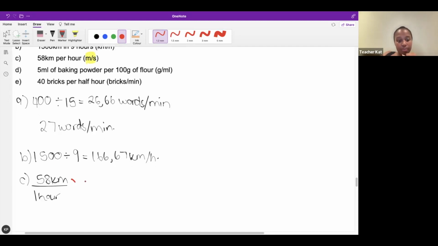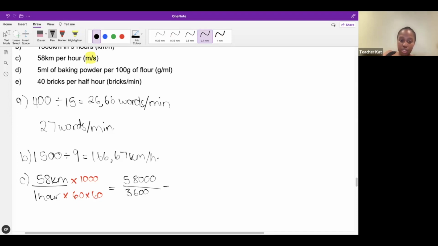Times by 1,000. And at the bottom again, we're going to times by 60 and another 60. So it's going to be 58,000 all over 3,600. And what is 58,000 divided by 3,600?